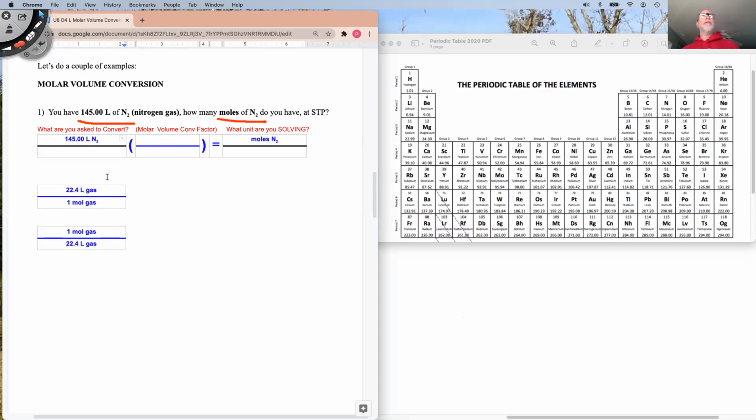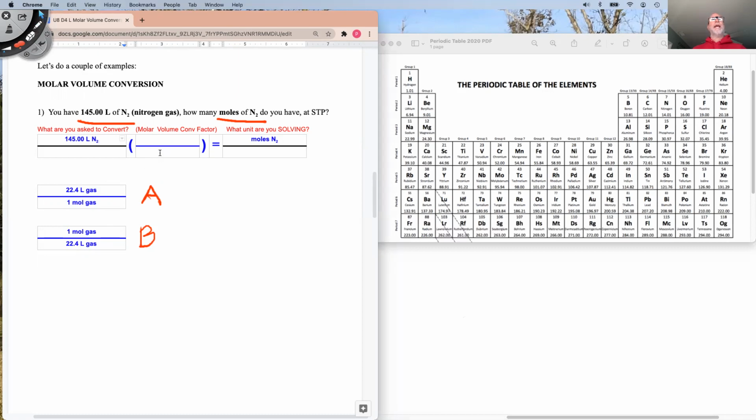So at this juncture, I'm going to ask you straight away, which one of these conversion factors are we going to use? Do you think to convert liters of a gas into moles, we're going to use this top conversion factor, A, or conversion factor B? That's right. We're going to use conversion factor B.